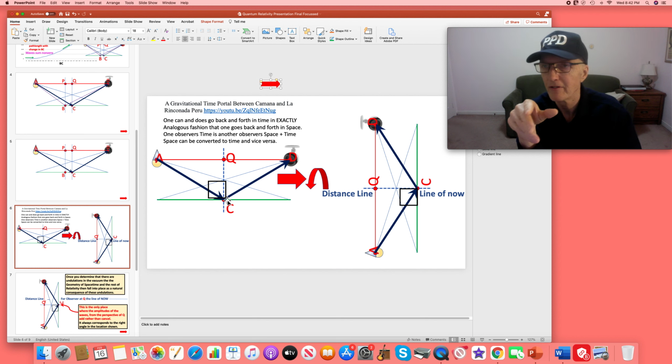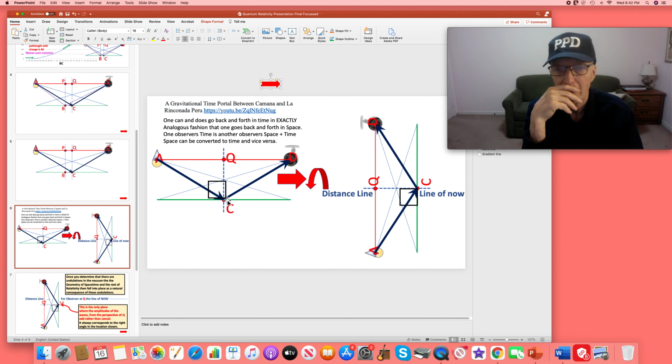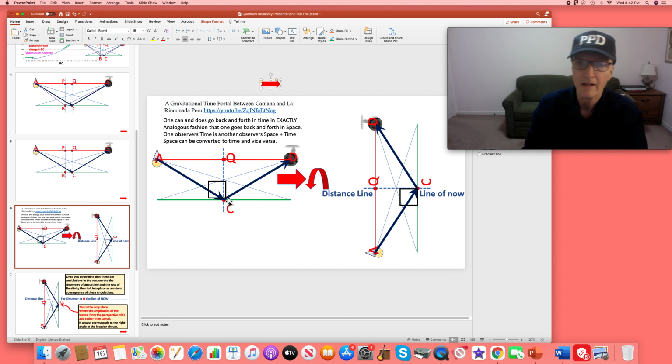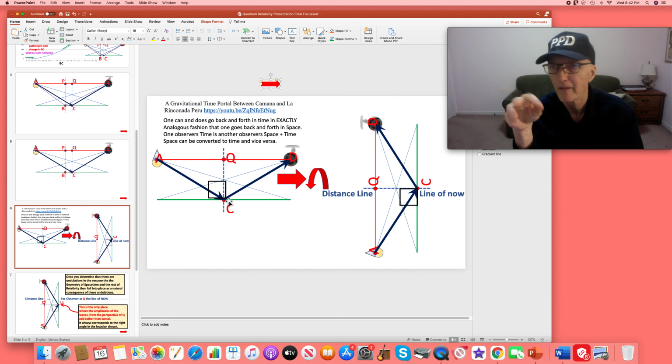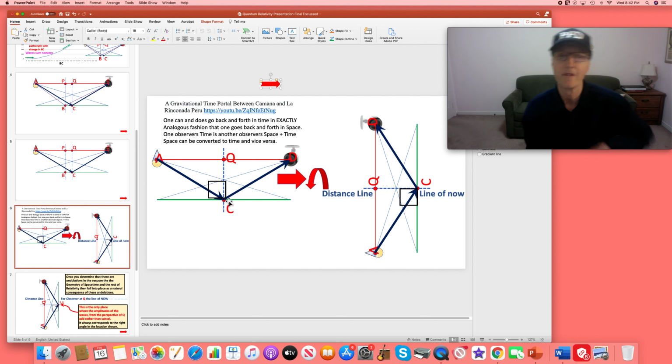I want to preserve that geometry and that right angle. This is one observer, Q, and another observer on C. Since time and space are convertible, they're intrinsically the same phenomena, just experienced differently by different observers. Same with time and space.